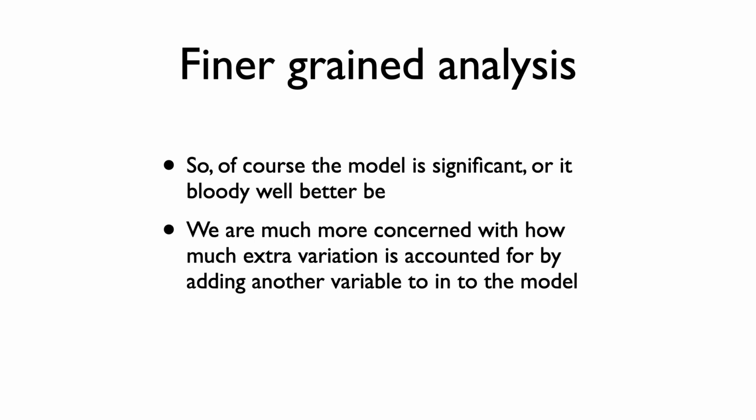What we're trying to do is come up with an equation where we can say, look, I've found that whatever this thing is we're predicting equals these things added up together. So we want to find out how much extra variation is accounted for by adding another variable into the model.